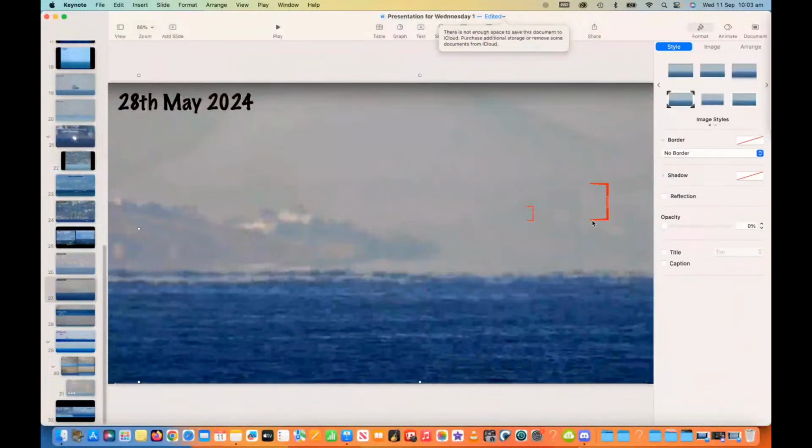Imagine here on this day, this horizon is just over 3 miles away. And I know that because I have all the footage from the buoy on the same day, and the horizon was right where the buoy is. So it's 3 to 3.5 miles away.